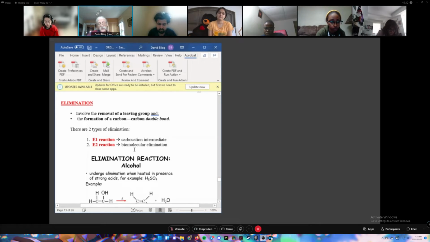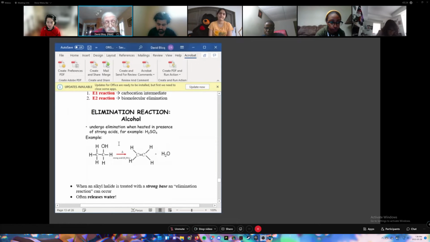You've got two things involved, two particles, two molecular entities. These tend to only happen when you're using stronger reagents, concentrated H2SO4, for example. You know, you've got to convince something to leave and set up the circumstances. So E2, that is bimolecular ones, typically involve a strong agent such as H2SO4.